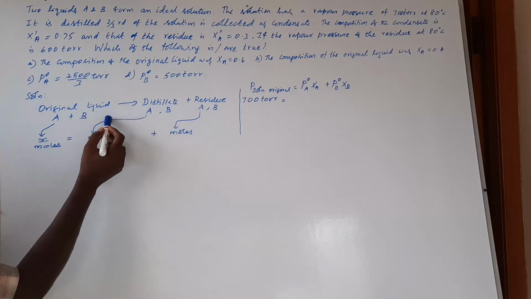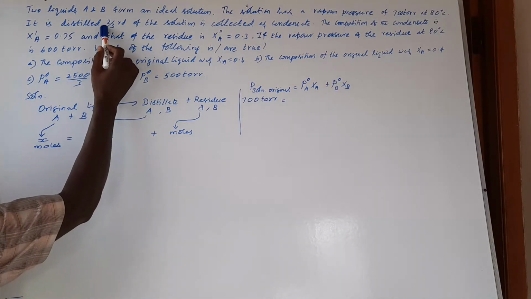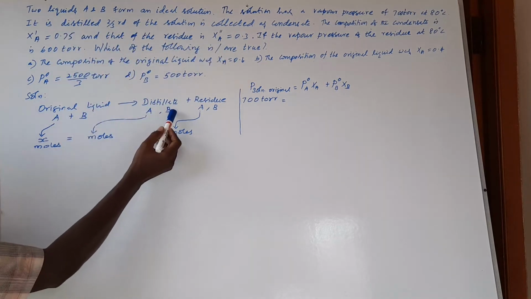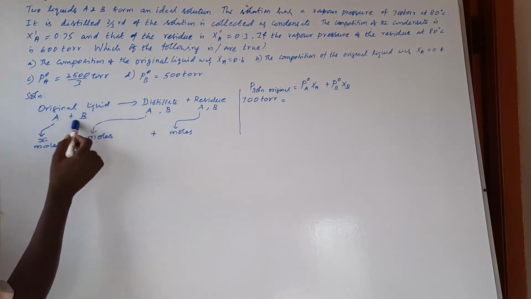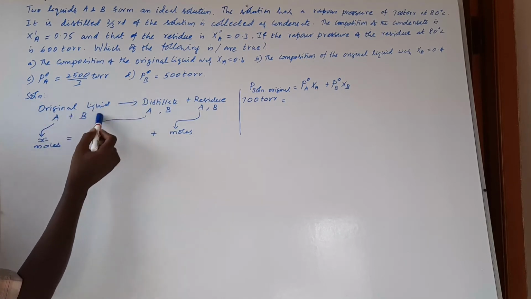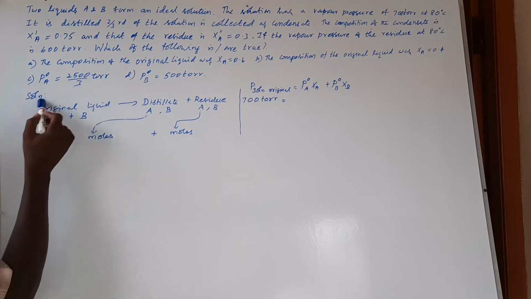Okay. Now we have to substitute number of moles of A here. For this, what is given? See, 2/3 of solution is collected as condensate. That means it is equal to 2/3 of this, that is 2/3 of this one in the sense total moles.